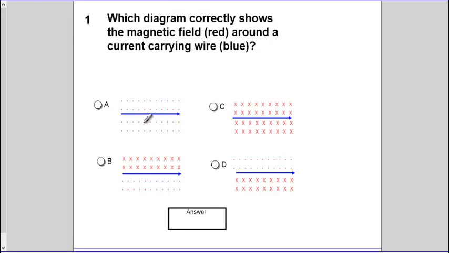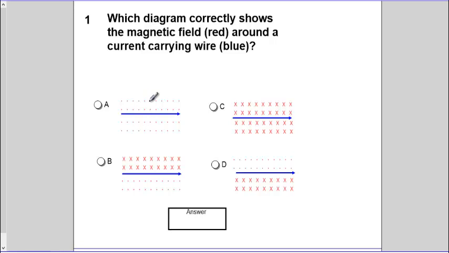Now, which of these are true? We have a current carrying conductor pointing to the right. If we use the right hand rule and grasp this wire, that magnetic field will make complete loops. So one thing you need to know: above and below will be different values for the field.